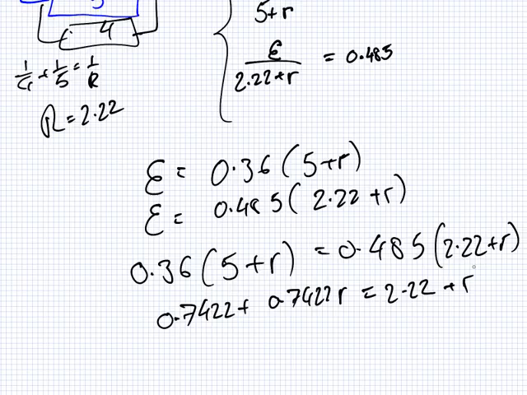The multiplication. That's meant to be 1.8. Oh, hang on, that's not 0.7422. Sorry, that should be 3.711 here. I divided by this number and then I multiplied, so I should have 3.711 here.